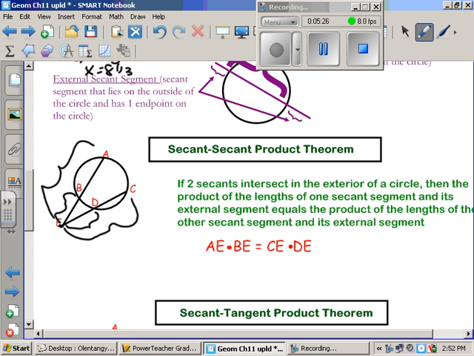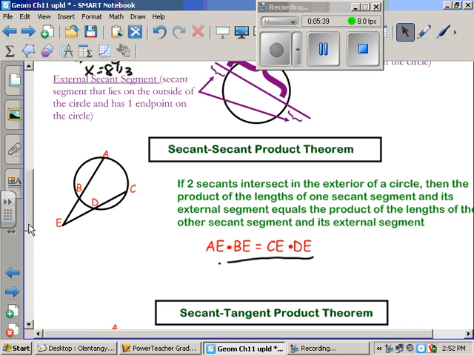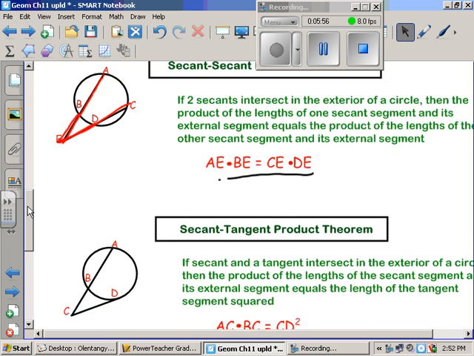If you look at this formula, it might help you. So AE, which is the whole thing, times BE, just this piece, is equal to CE, this whole thing, times DE, just that piece. Again, that's just going to be a memorizing thing.